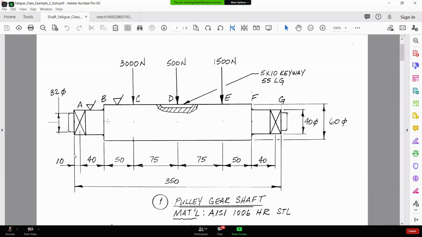Where would you expect it to fail? What would be your first instinct to say where this shaft would fail due to fatigue, where you would start to see a crack propagating? What do you think? Well, I think some people would say the keyway. Yeah, a lot of people would.